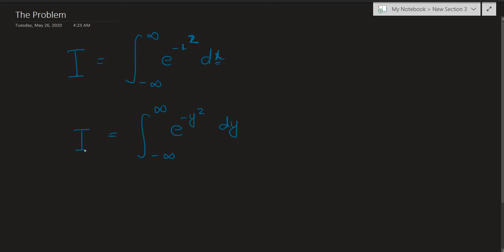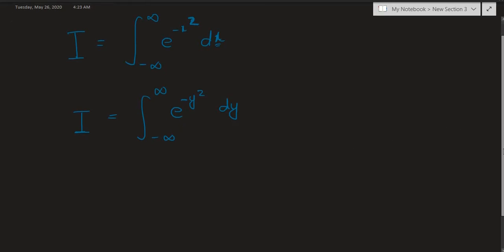That is still going to equal our original Gaussian integral, because by the property of definite integrals, it doesn't matter what variable we have, as long as the integrand structure and the upper and lower bounds do not change, then we can write the same integral using any variable.